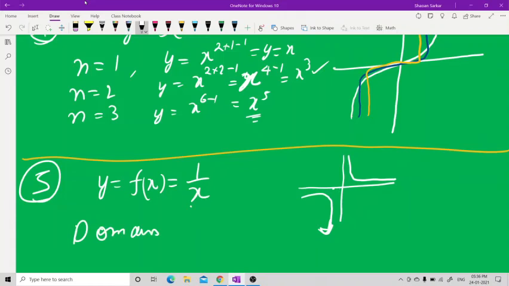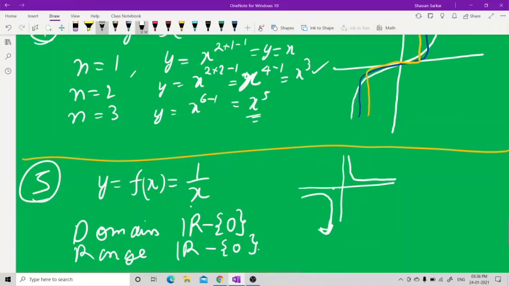So therefore, the domain of this graph is R minus 0, you will remove only 0, and the range is also the same. The range is also R minus 0. It is symmetrical about the opposite quadrant.